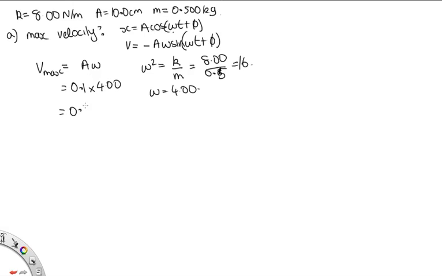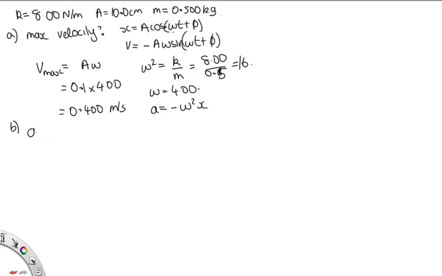So that's equal to 0.400 meters per second. Okay, part B, we were asked what's the maximum acceleration. Well, we've seen that acceleration is equal to minus omega squared x. So this will be maximum when x is maximum, and the maximum displacement is the amplitude.